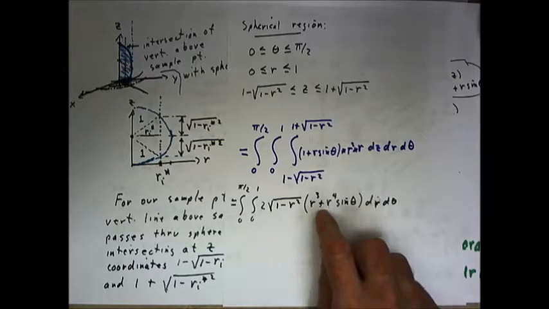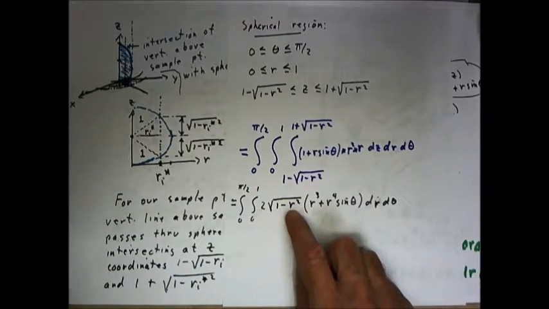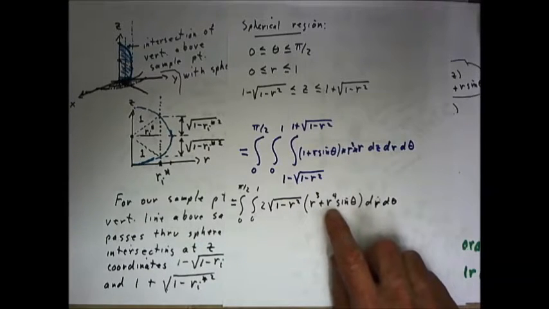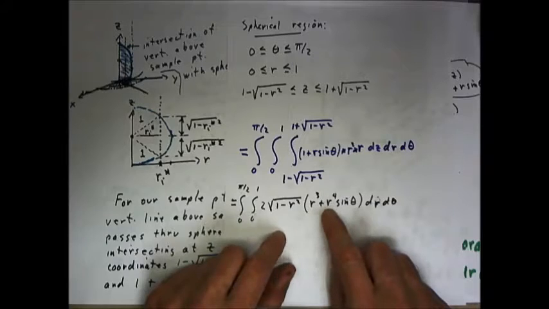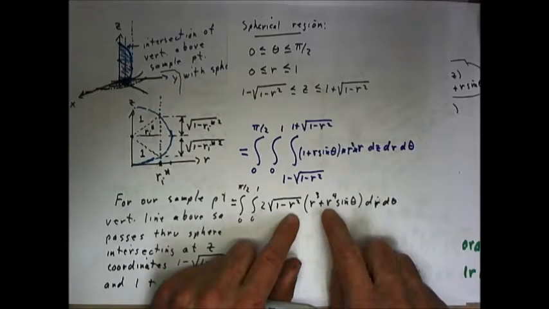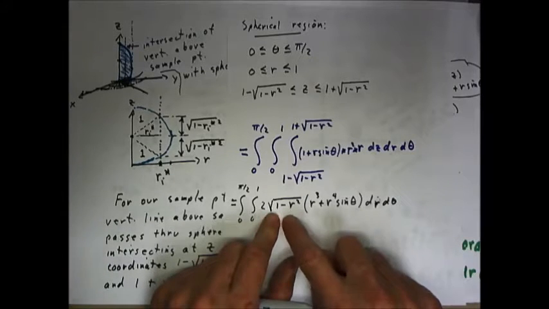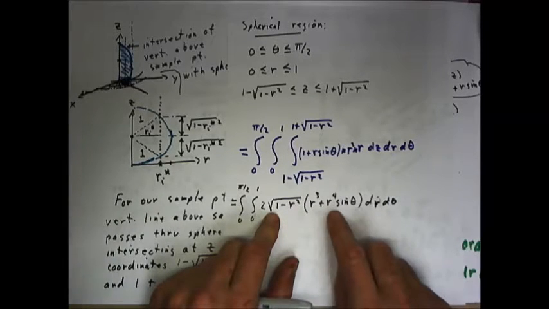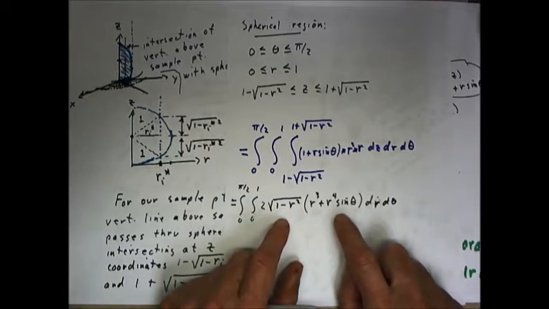And it works out nicely that having integrated r cubed times the square root of 1 minus r squared, we can break the r to the 4th times the square root of 1 minus r squared into an r and an r cubed times the square root of 1 minus r squared, which we've already done, so we can do an integration by parts. So it really isn't that bad of an integral.